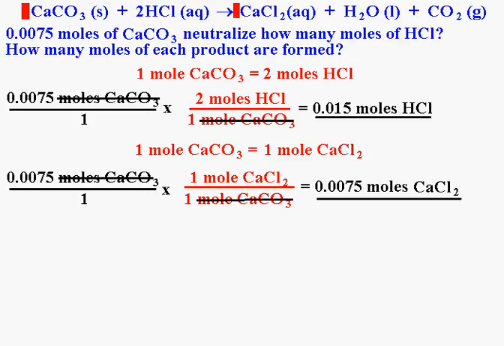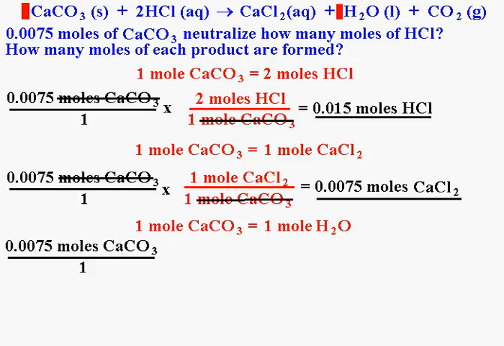But we can go on. We can relate the moles of CaCO3 to the other products in the chemical equation as well. Let's move on to water. There's no number in front of water. That means it's 1. So that means the conversion relationship is 1 mole of CaCO3 is equal to 1 mole of H2O. So now we can convert.